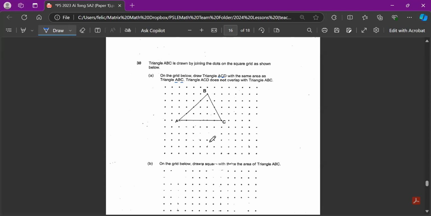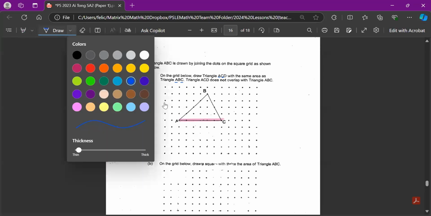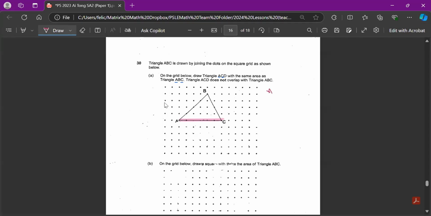Okay, now from here, how do you make sure of the same area? To have the same area, you notice that ACD and ABC should share the same base. So the same base would be line AC. AC would be the common base shared by these two triangles. Okay, so let's just put a note here.